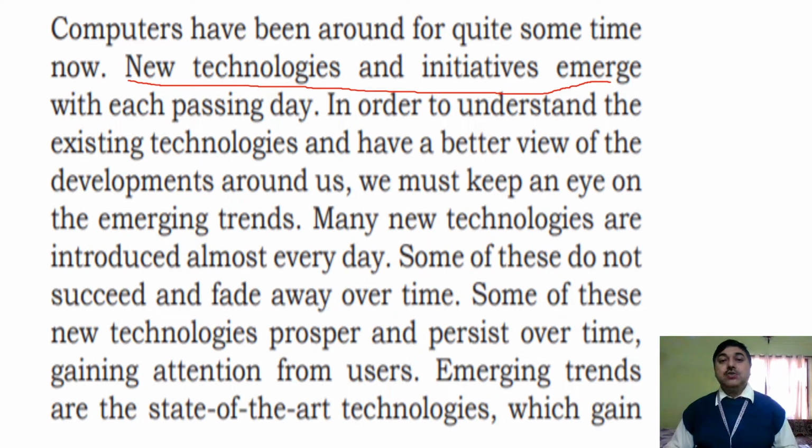In order to understand how those technologies will be and how they will make better sense, how they will work, how they will make us better, like we are seeing every day, how it gives you a better view of the developments going on around us, how it helps us go through those emerging trends.